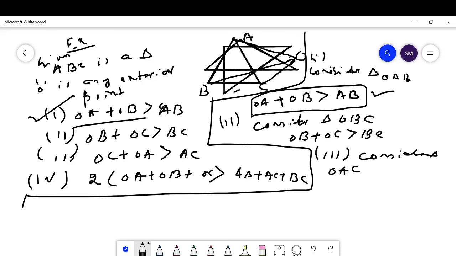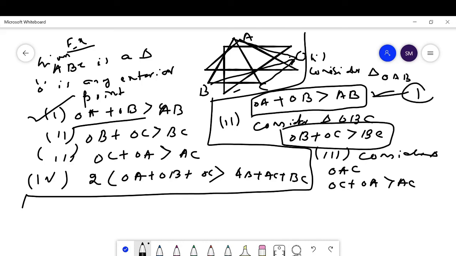OC plus OA is greater than AC. Then look at here. Here the first condition, here the second condition, here the third condition.